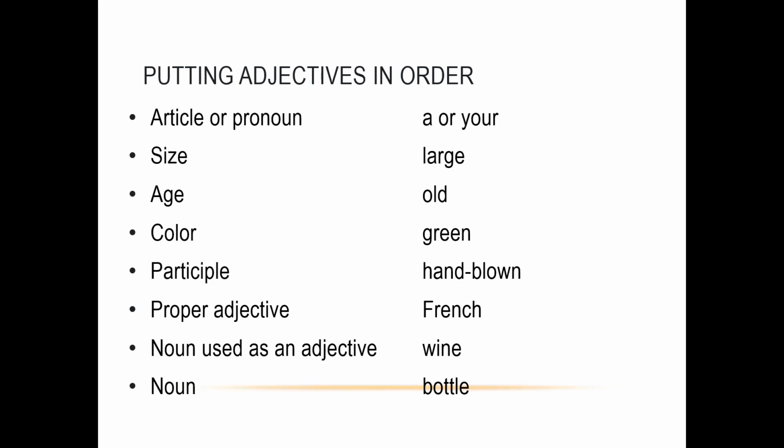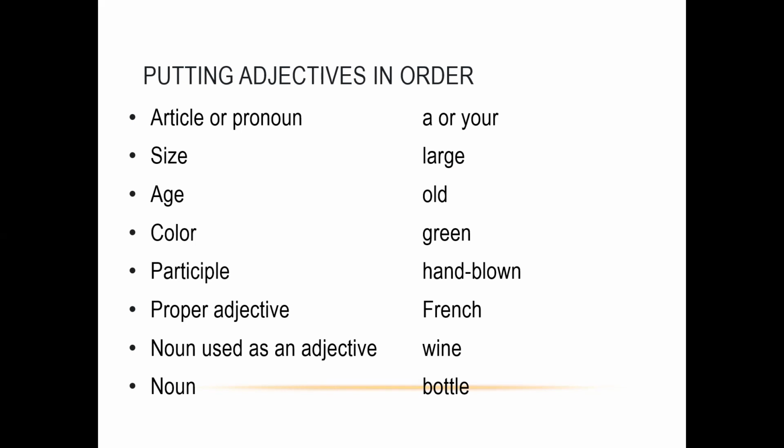Pero bakit niyo po tinuturo to? Just because you have to know the order of how you position those adjectives. Alright? So, it may not be so helpful or it may not be so necessary on your written component.